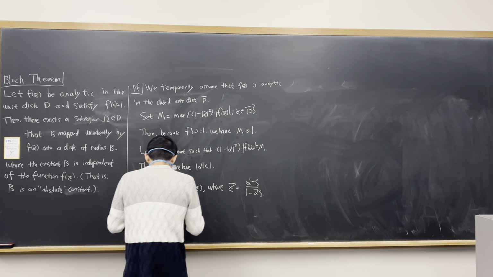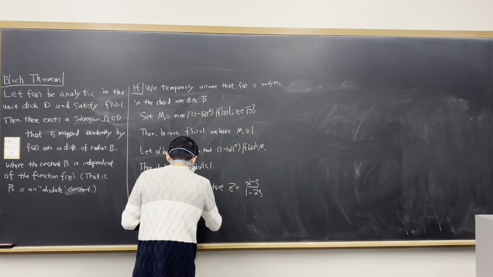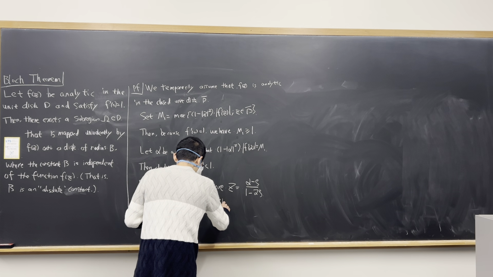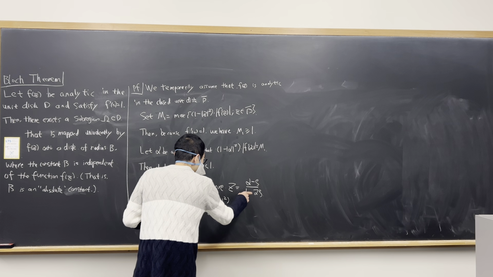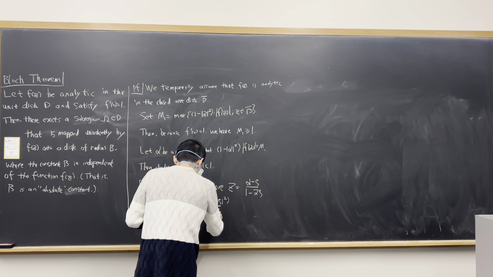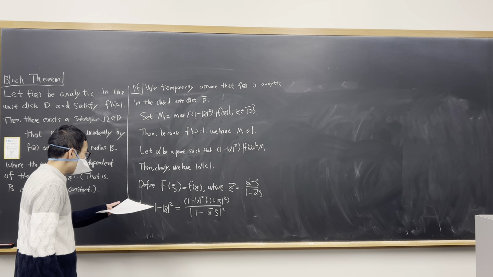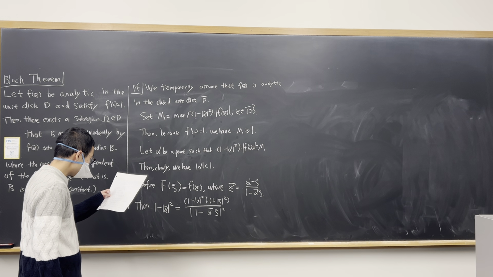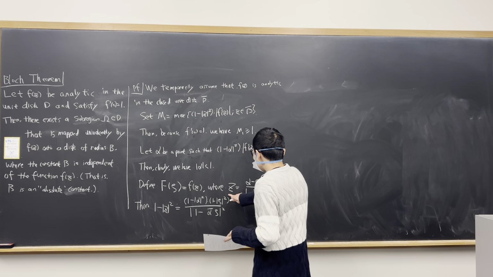It is 1 minus modulus of alpha squared times 1 minus modulus of zeta squared over modulus of 1 minus the complex conjugate of alpha times zeta, squared.